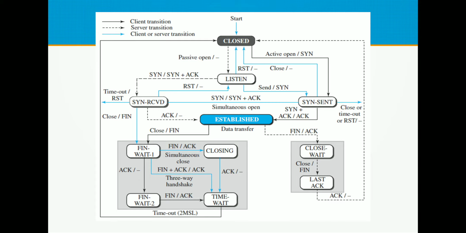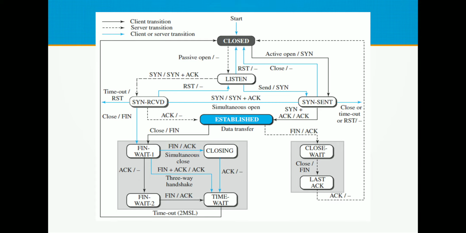On this directed line, you can see two strings, separated by a slash. For example, here we have active open slash SYN. Out of these two strings, the first string represents the input, which is what the TCP receives. With respect to this input, the second string represents the output, what the TCP sends in response to the input that it has got.